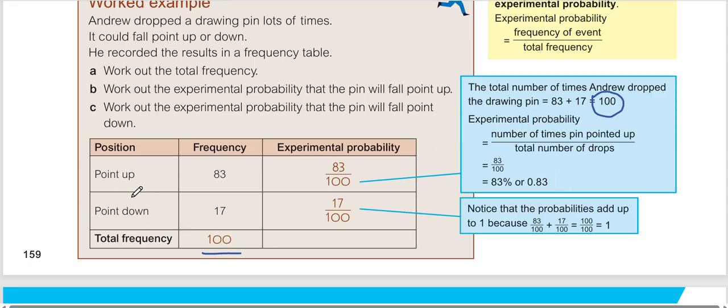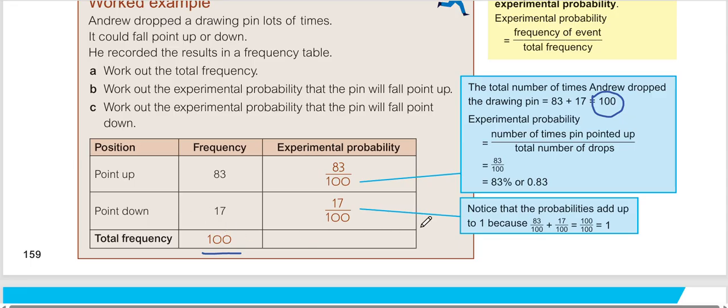Then for point down, how many times did it fall with the point down? 17 times. What is the total number of drops? 100. So you write 17 upon 100 as the experimental probability of the pin falling point down.